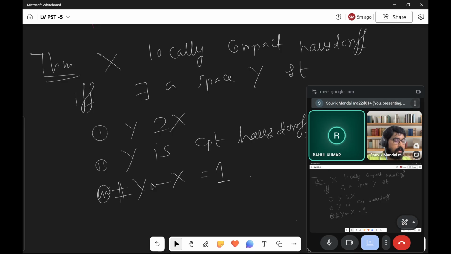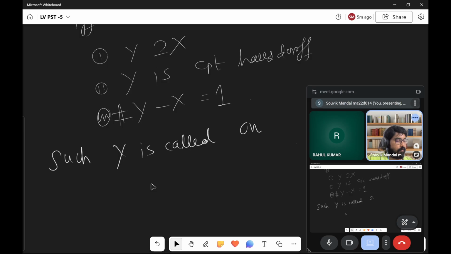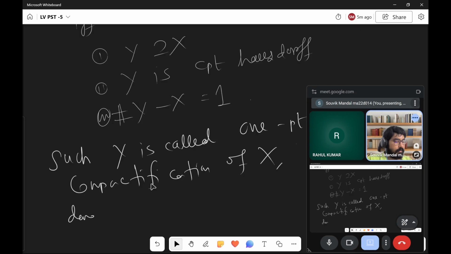Okay, sir. So such a Y is called a one point compactification of X and is denoted by X to the power infinity.